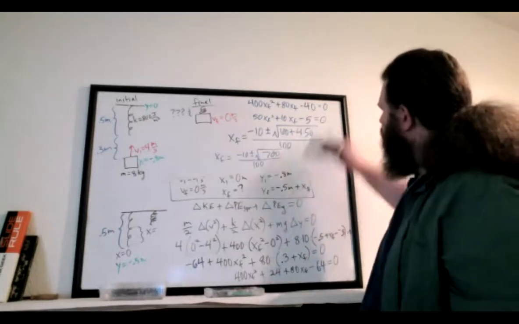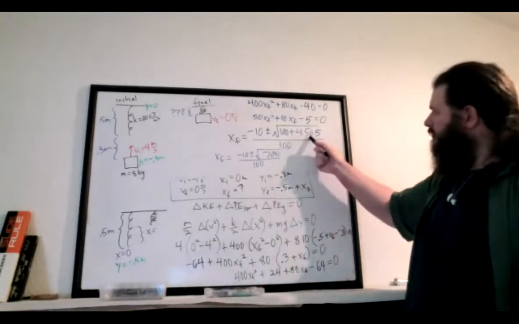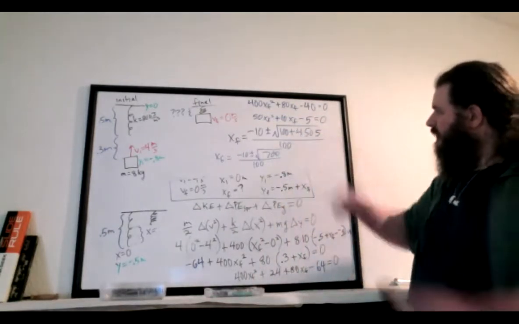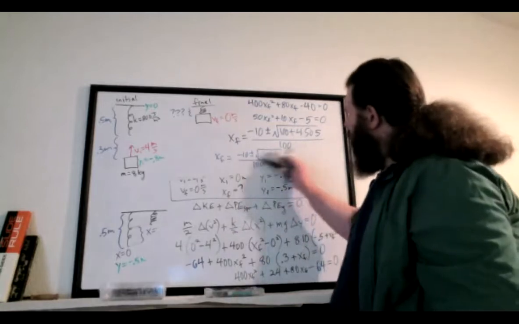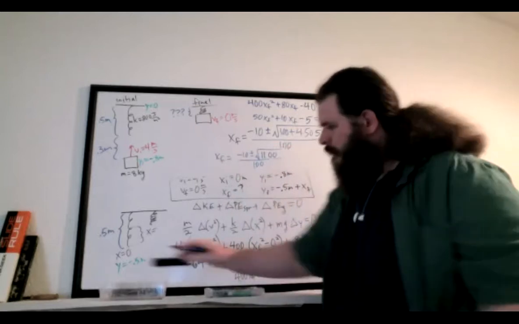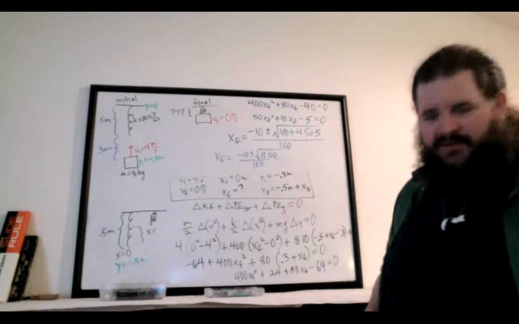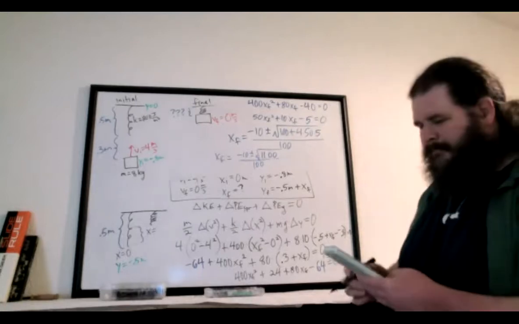So 4 times 50 times 5. That'd be 4 times 50 is 200, times 5 is 1,000, plus another 100 would be 1,100. So, no, that's right. 4 times 16 should be 64. Thank you for the correction there.